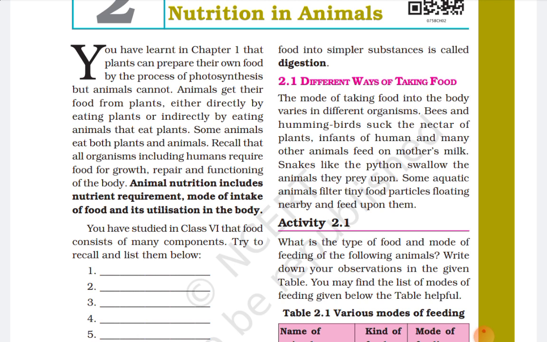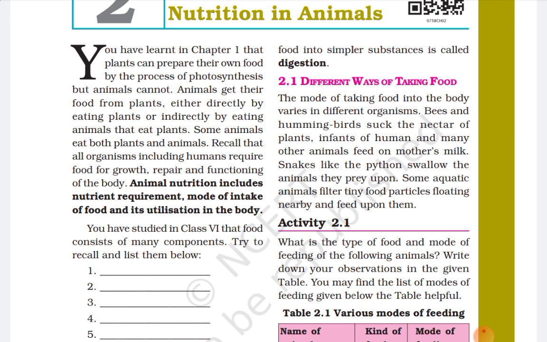So, in this paragraph, it says that animal nutrition includes nutrient requirement, mode of intake of food, and its utilization. It says that animals are directly or indirectly dependent on plants and they need nutrients for growth, repair and functioning of the body.